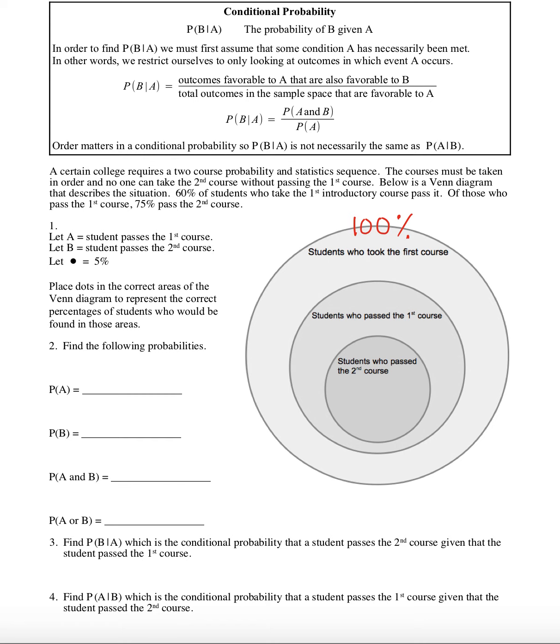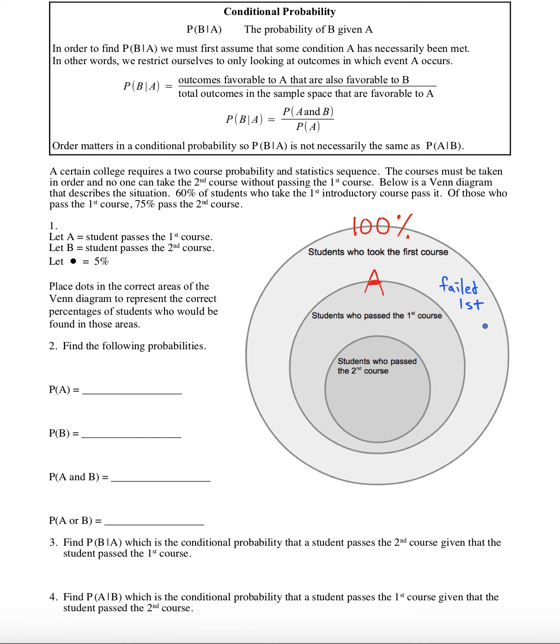First of all, let's define the bubbles, A and B. It says that A represents a student passing the first course. So not everybody who takes the first is going to pass it, only some will. And those who do will go in the A bubble. That means that those who don't would go in this outer ring. They failed the first.